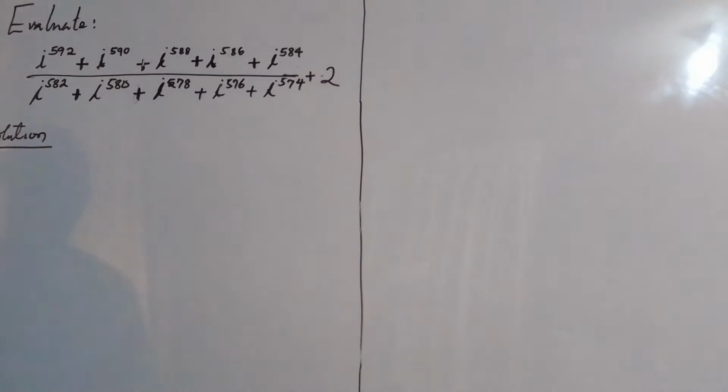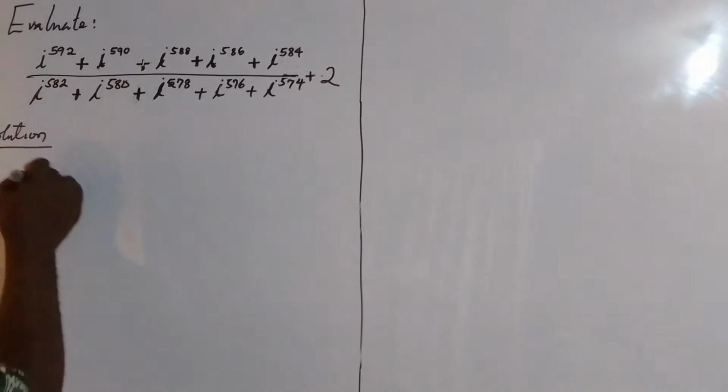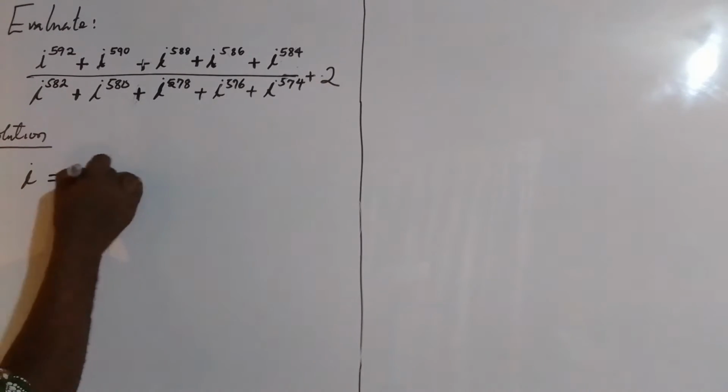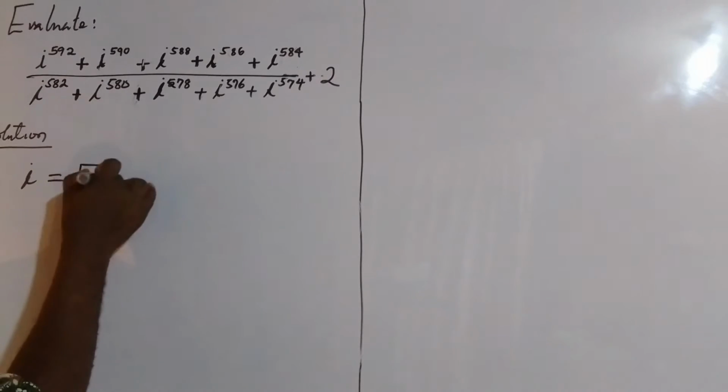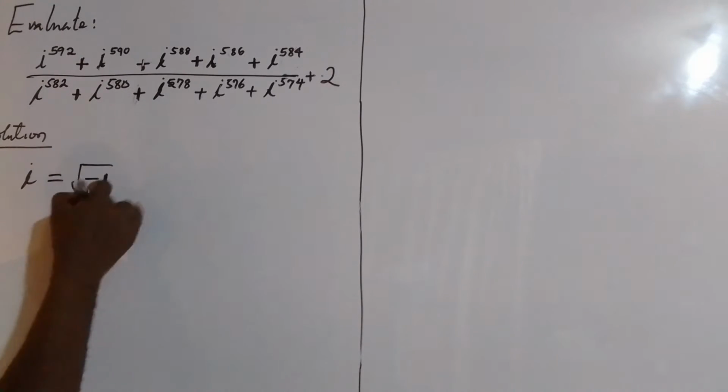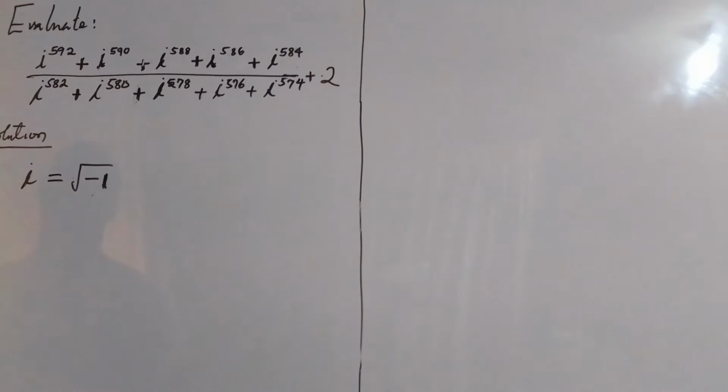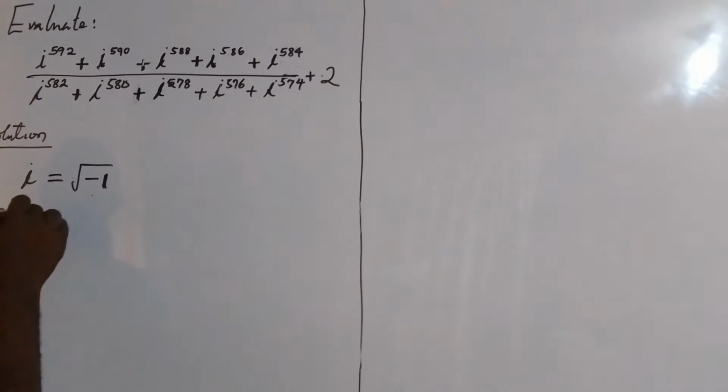So here, what we're going to do is that first I need to lay some foundation when it comes to evaluating i. Of course, we know what i represents. i represents the square root of minus 1. So if i is the square root of minus 1, what then will be the value of i squared?